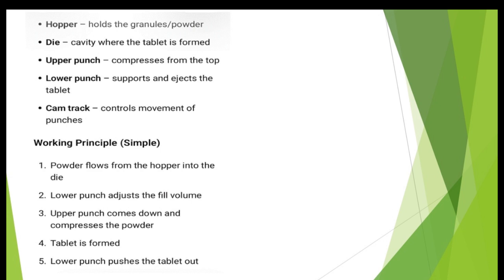The single punch tablet press usually produces around 200 tablets per minute, but a rotary press produces 10,000 tablets per minute. Single punch tablet presses are used only in small scale production.